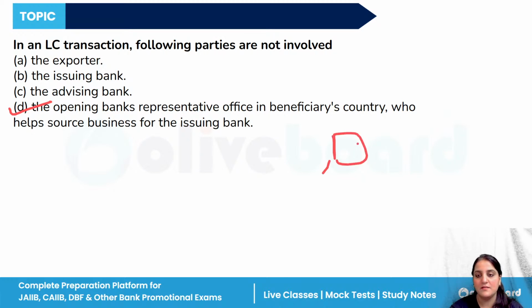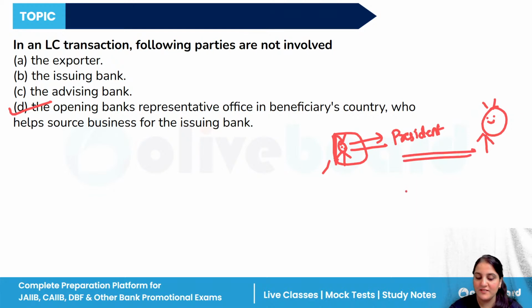Basically, suppose he is Jinping, China's president, and this is our country's president. Now they are exporting and importing something.